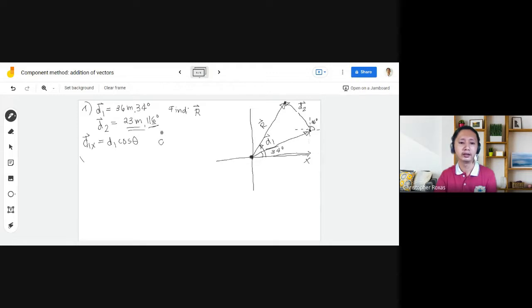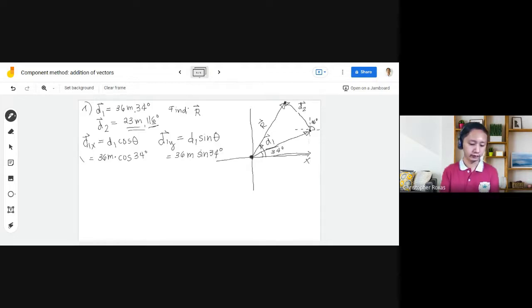And then the y component of D1, so D1y, is equal to D1 sine theta. So, let's solve. That will be 36 meter times cosine 34 degree. And this one will be 36 meter sine 34 degree.